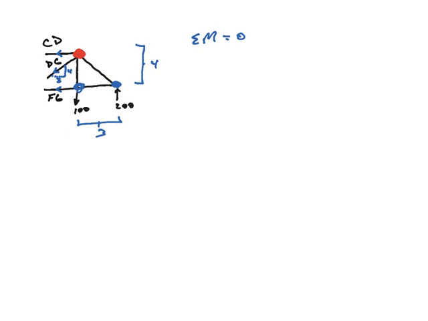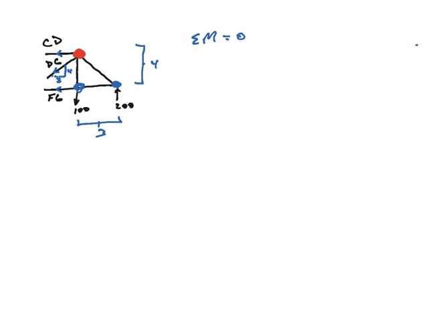So if we choose that point to calculate the sum of the moments, then CD and DG, 2 of our 3 unknowns, will go away, because those 2 forces are acting at the point of rotation, and thus no moment for them. So the only unknown we're going to have is FG. Of course, we'll have other forces giving rise to moments, but we know those forces. What we don't know is FG. So I'm going to choose this red point as the point about which I calculate these moments, and that'll get rid of 2 of my 3 unknowns.